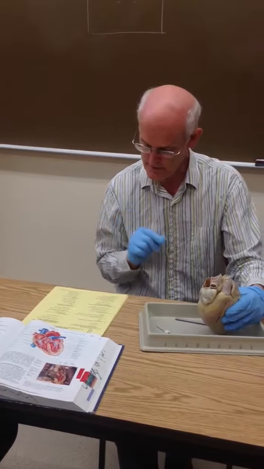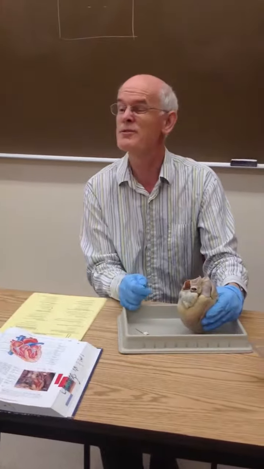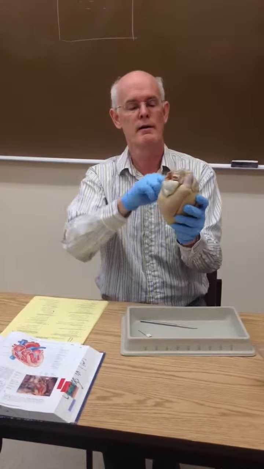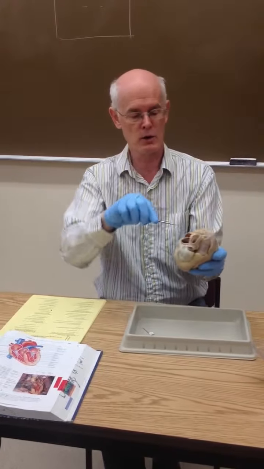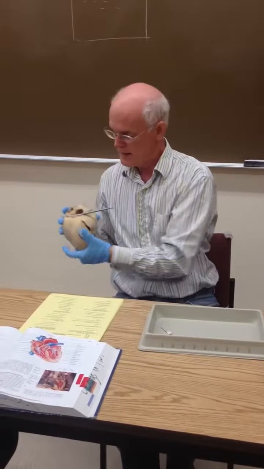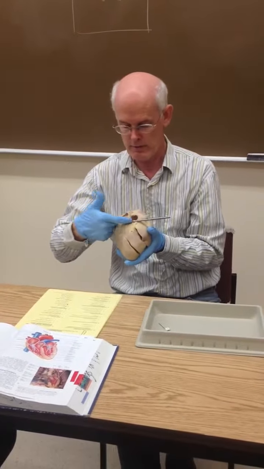There's a third vessel entering the heart into the right atrium, and that's from the heart itself. So blood that gets squeezed out of the heart muscle has to go somewhere while the heart is squeezing, and it goes into here, at the back of the coronary sulcus, or atrioventricular groove.